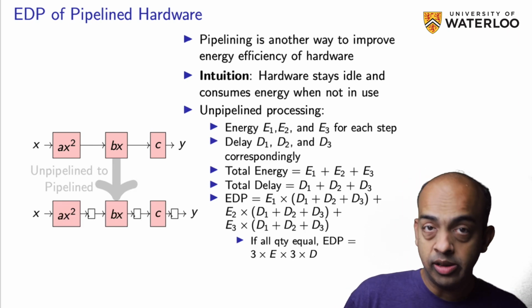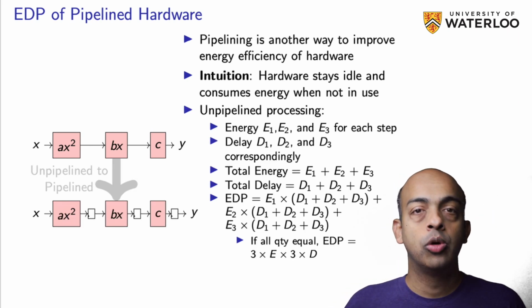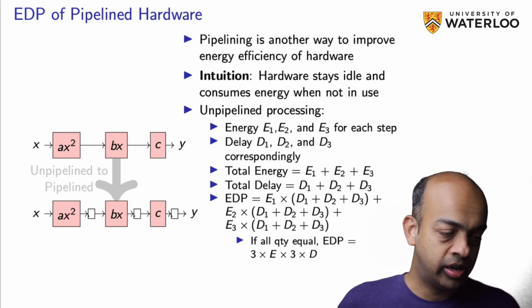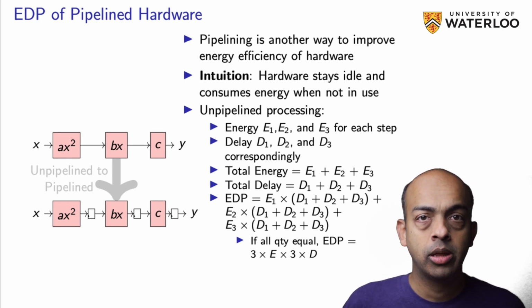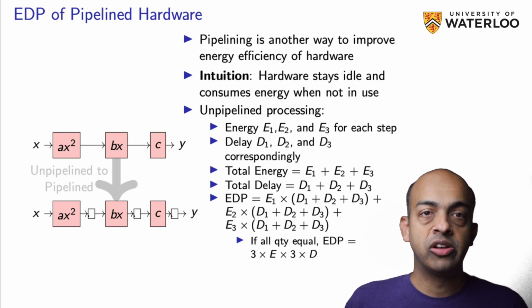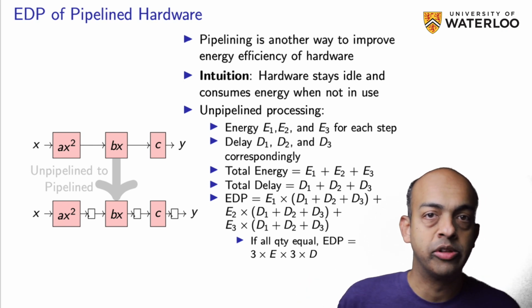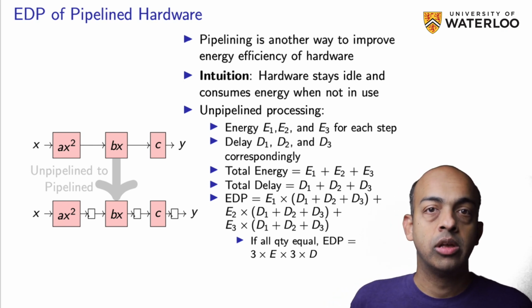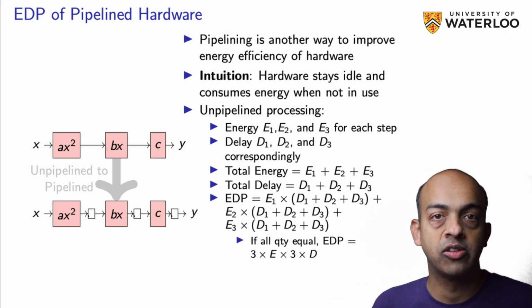So what pipelining does is it helps you address energy and delay differently, right? So what it helps you do is it helps you split tasks in a different fashion. Each stage here is going to require E1, E2, E3 units of energy. Each stage is going to require D1, D2, D3 units of delay.